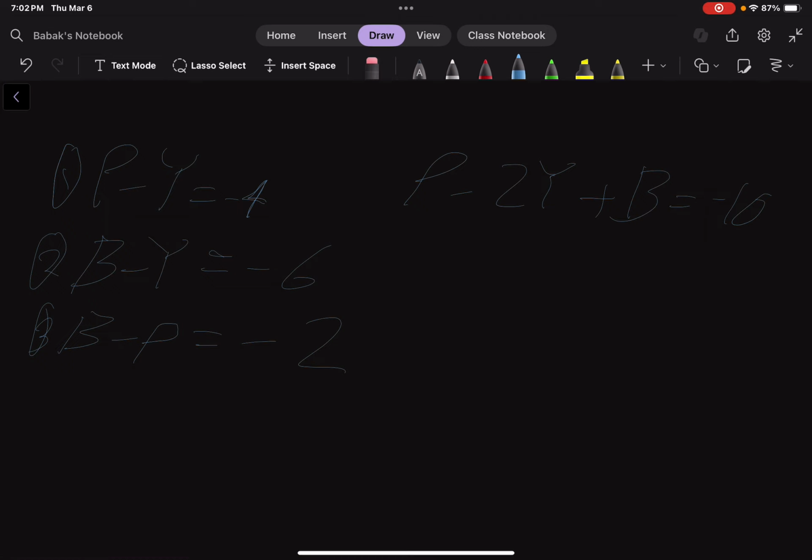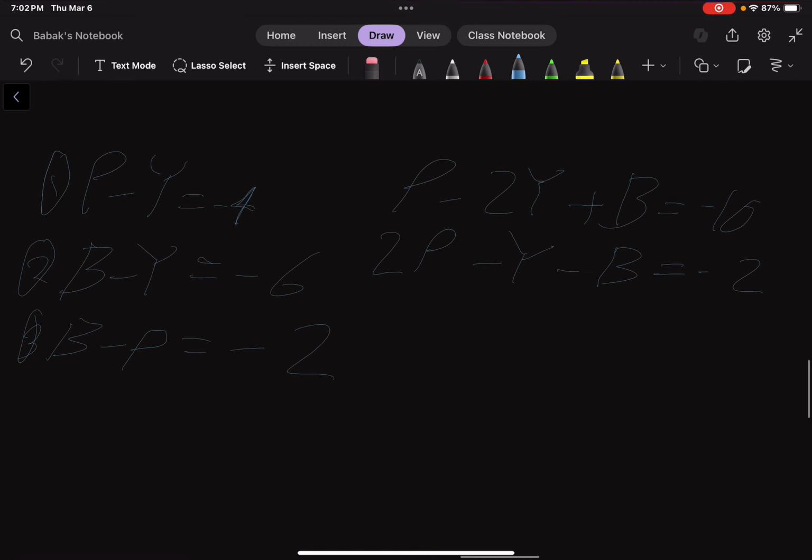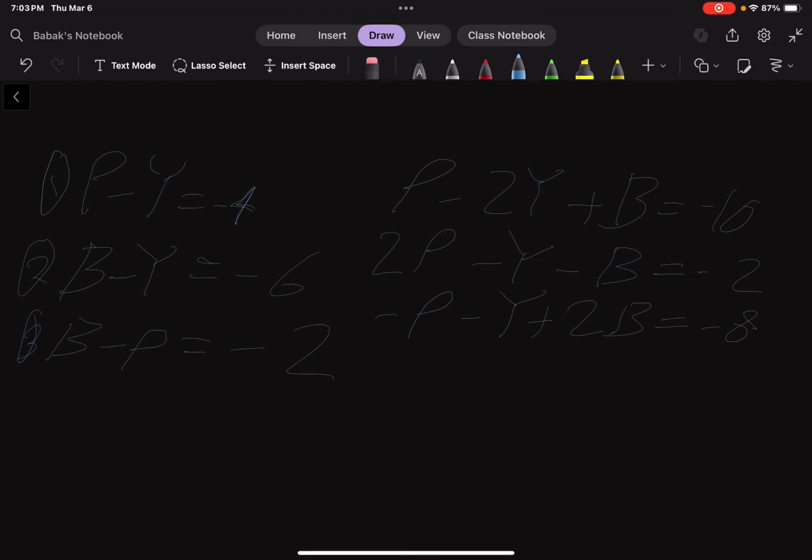Similarly, if you do equation 1 minus equation 2, you will get 2p minus y minus b is equal to negative 2. Now, if you do equation 2 plus 3, you will get 2b minus y minus p is equal to negative 8. And if I can verify that, yes, that is correct.